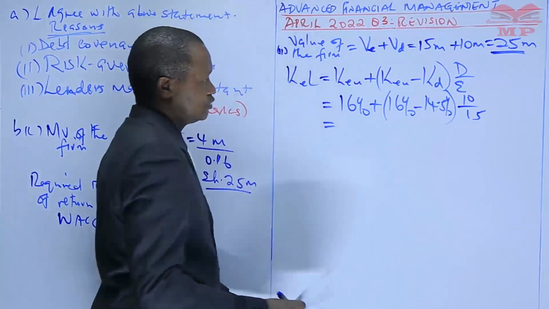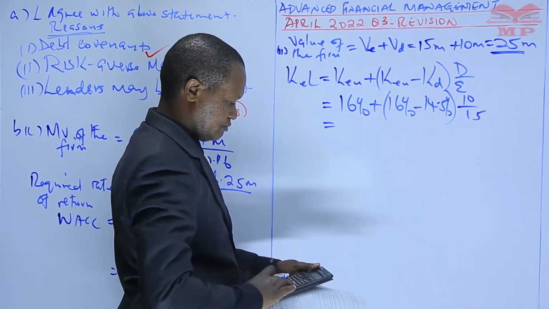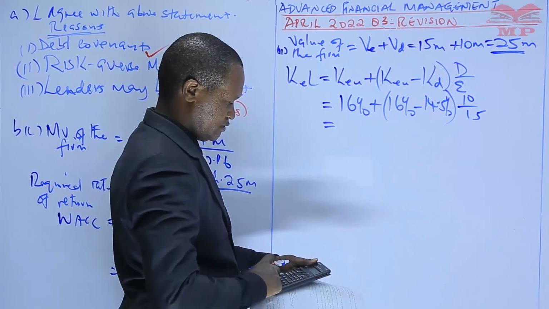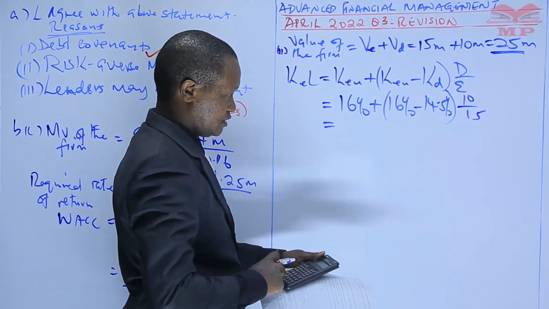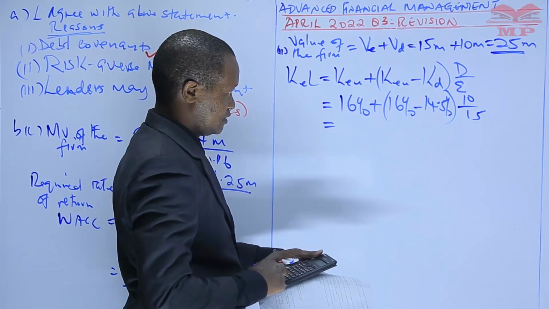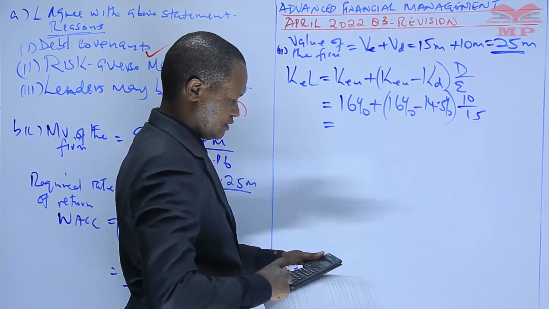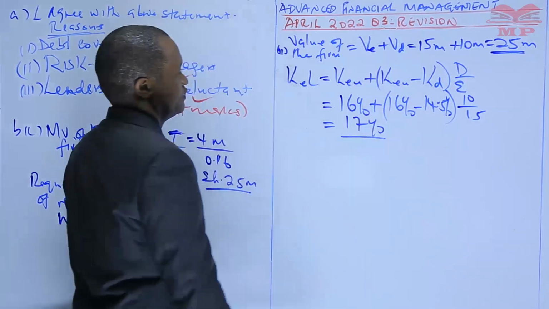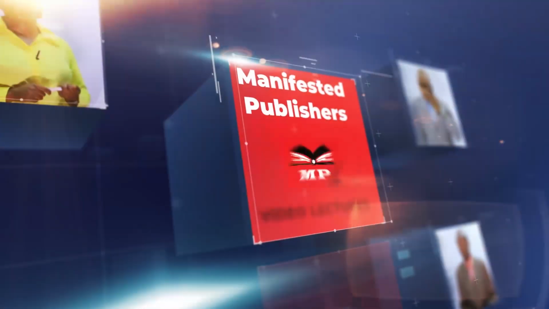This is equal to 16 plus (16 minus 14.5) times 10 divided by 15. So this gives me 17%. So 17% is the cost of equity of the levered firm of this company.